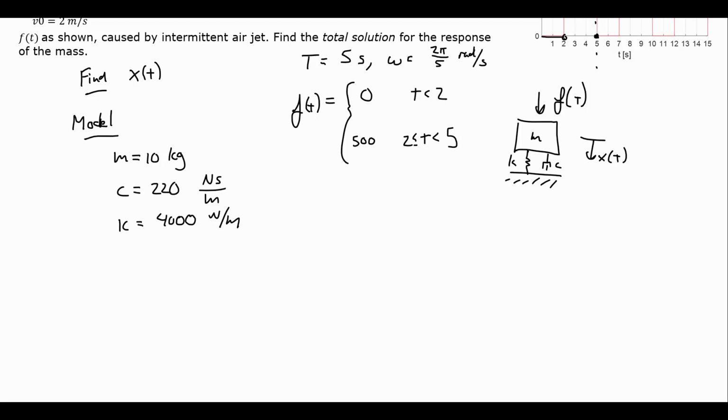If we remember back to section 1, we can find our a naught, which is 2 over T, integral 0 to T of f of t dt. So it's more or less the average of f of t on its period, really twice the average of it.